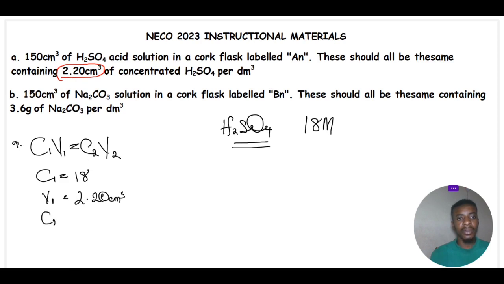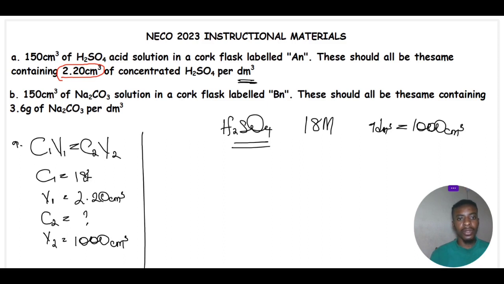Your C2 is the final concentration after dilution, which is unknown, what we're looking for. And your V2 is your final volume, stated as per dm³. Take note, 1 dm³ is equivalent to 1000 cm³.